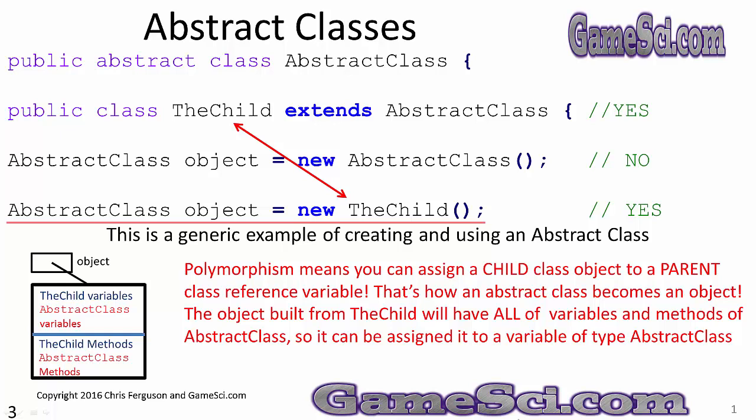When I build the child object, it is obviously going to have the child variables and the child methods. That's a duh. However, it will also have the abstract class variables and methods. Because the child extends AbstractClass, we will have every one of AbstractClass's variables and methods, which means we can certainly assign the child object to an abstract class reference variable.